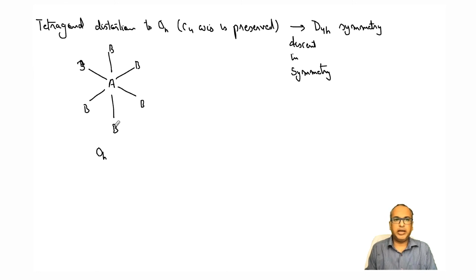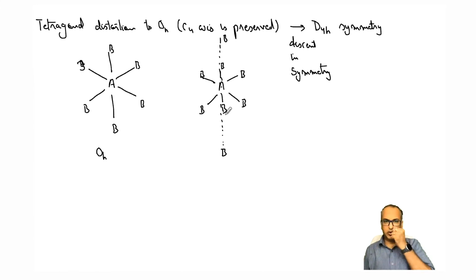But if you increase these bonds, which are two opposite bonds, or compress these bonds, you will end up with something like this, either something like this, or something like this. One case will be called compression, another case will be called elongation. But in both cases, the point group you will get is D4h now instead of Oh.